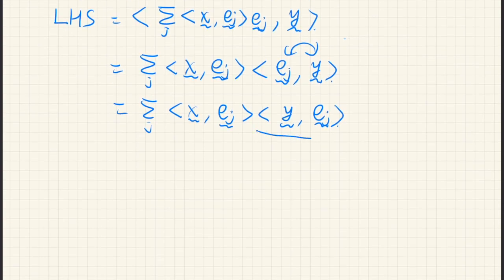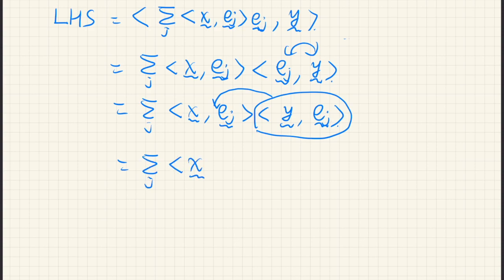And now let's put this constant into here. So we have the inner product of x with the sum of y times e_j times e_j.